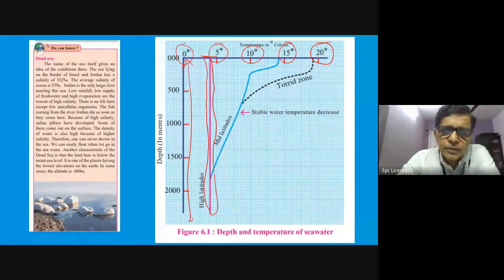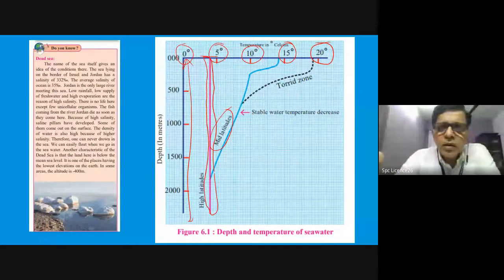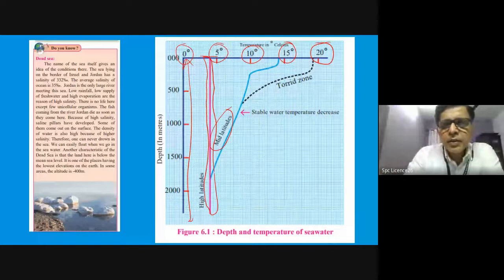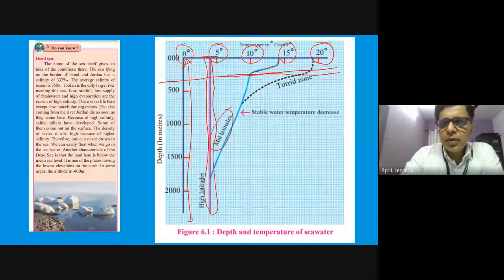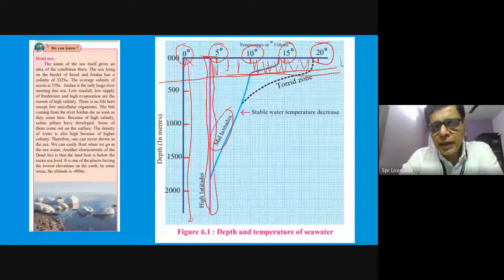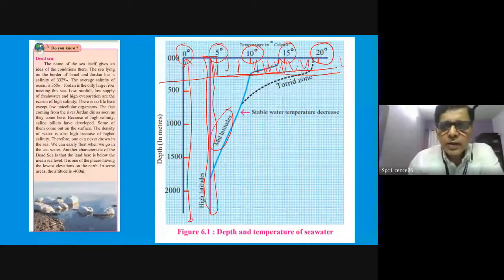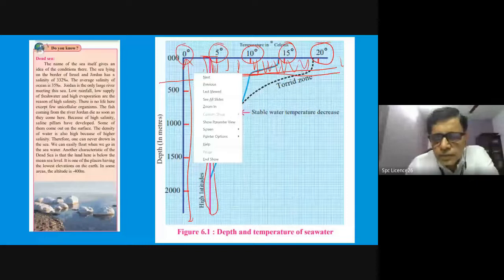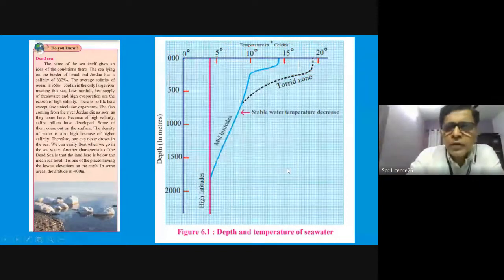This is the curve of the mid latitudes. Near the surface the temperature is high, around 14 degrees. Then it starts falling slowly till around the first 200 meters, because till this depth the heating from the sun's rays takes place in these layers, so the fall in temperature is less.